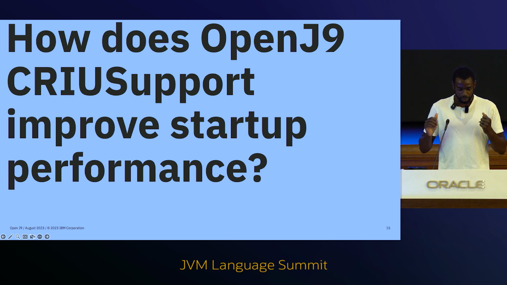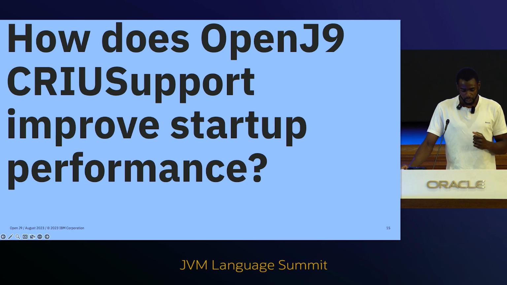So in OpenJ9, we have a feature called CRIUSupport, which enables Java users to get access to CRIU. It takes advantage of the CRIU capabilities from Java code and offers an API, and you just need to have libcriu on the machine. It does a bit more than just call things in CRIU, as you'll see later.